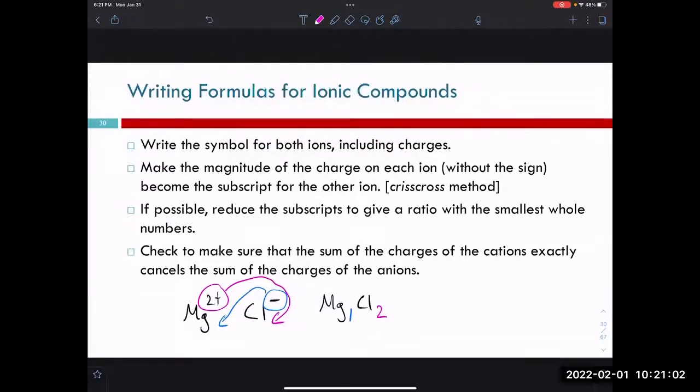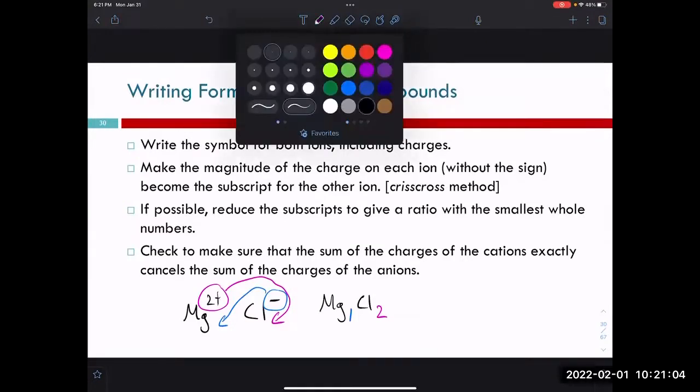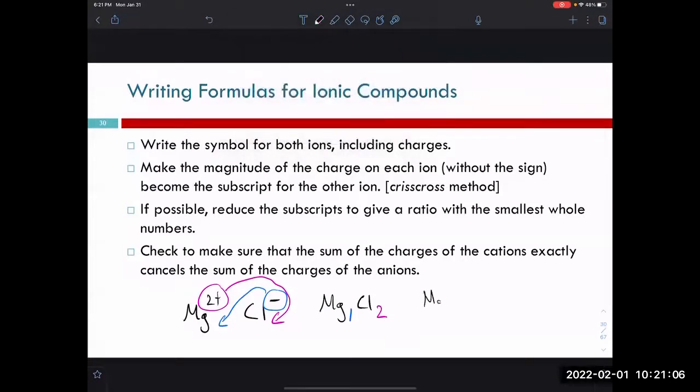Because we leave the ones off as implied, we get MgCl2. So this is an easy way to make the charges match and equal 0 without doing the math, because you can get ones that are more difficult.